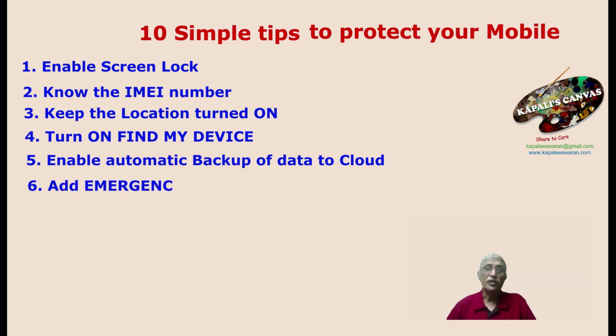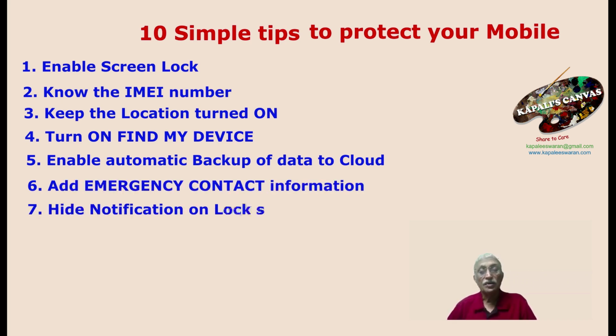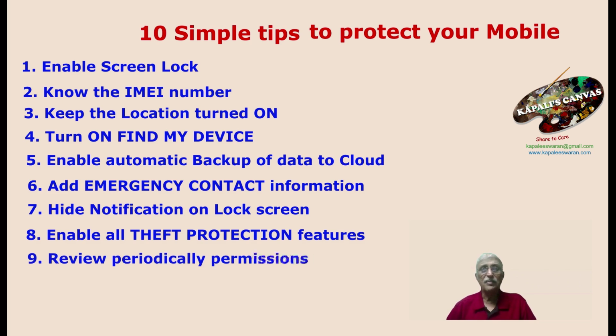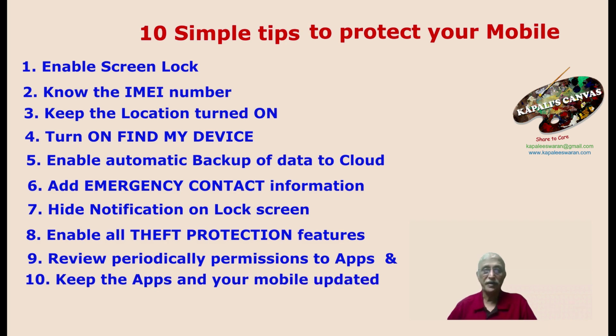Add emergency contact information. Hide notifications on the lock screen. Most important, enable all the theft protection features in your device. Review all the permissions you have given to the apps and keep the Android and all the apps updated.